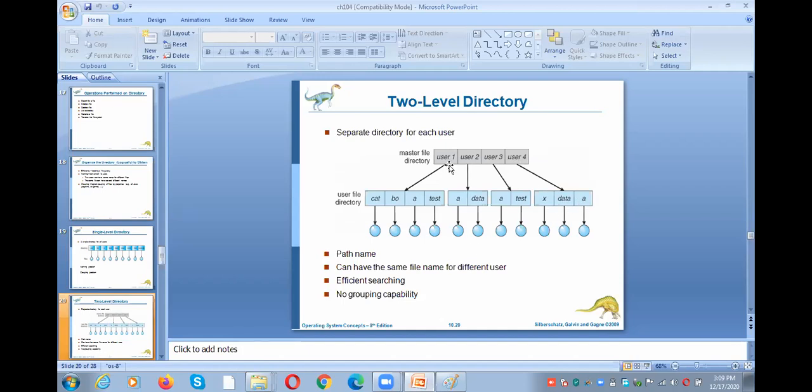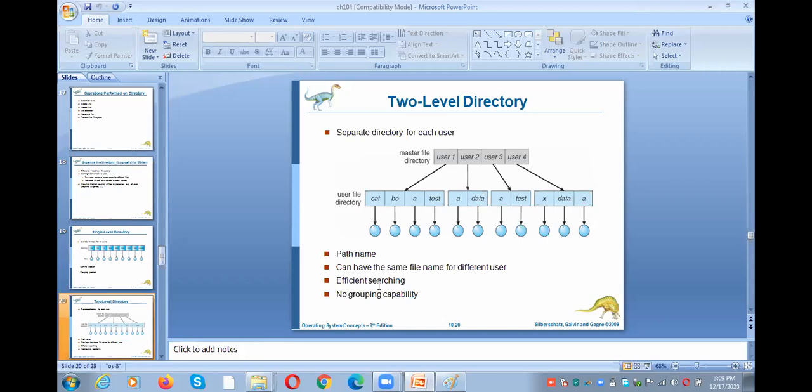If you observe here, user 1 has a file named A, and user 2 also has a file named A, and user 3 also has the file named A, and user 4 also has a file named A. That means different users can use the same file name for their files. So there is no problem of naming. Next, efficient searching.